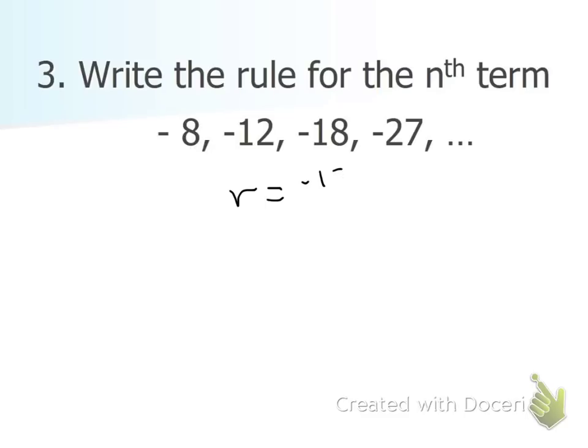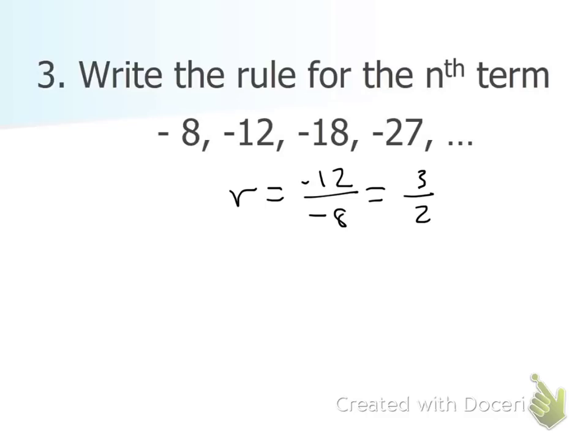So, negative 12 divided by negative 8 would simplify into positive. Take out a 4, it would be 3/2. And if we thought about this, negative 8 times 1.5 is negative 12. Negative 12 times 1.5 is negative 18. So you see how we have the ratio?